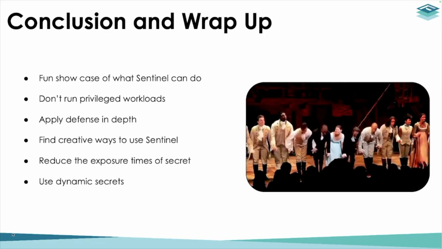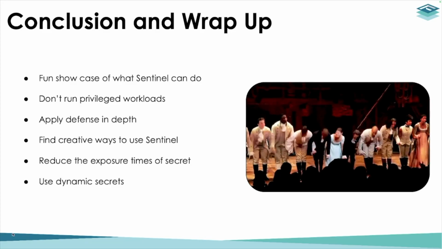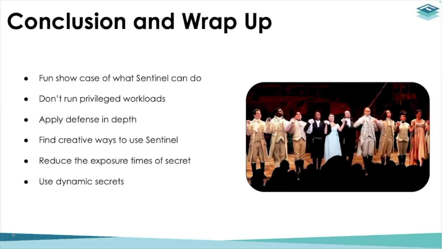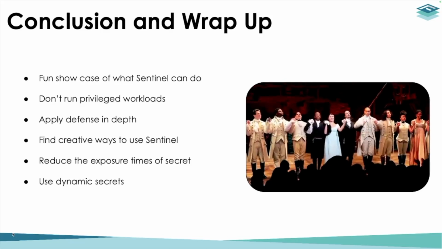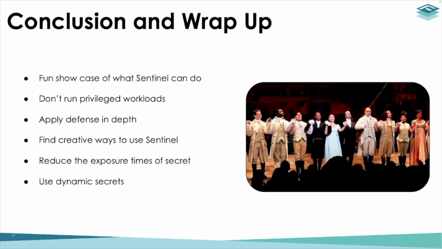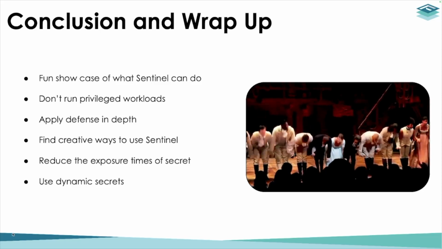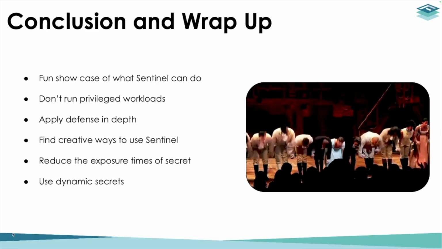Number 1, don't run privileged containers in your CI system and limit their use in general. Ideally, using some sort of admission control mechanism on Kubernetes, like Kubewarden, OPA Gatekeeper, or SUSE NeuVector. Number 2, apply defense in depth. The more layers of security you have, the better.